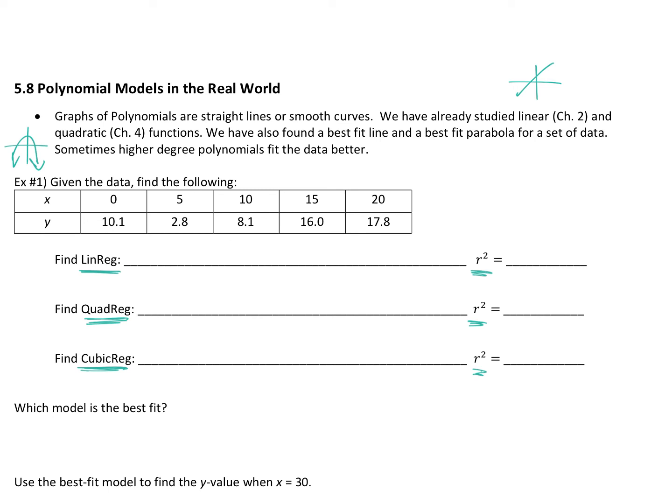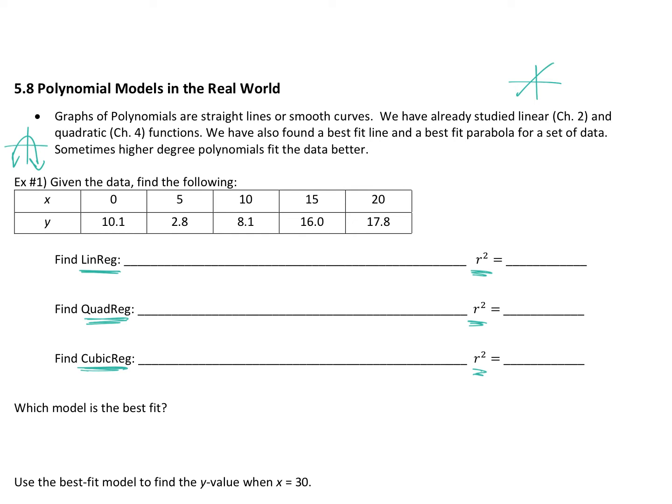So this is your A and this is your B, right? On this one, this is A, this is B, this is C. On this one, this is A, B, C, and D. So the last one will always be the one that doesn't have an x attached to it. And then you just go in increasing order of exponents moving forward. Does that make sense?